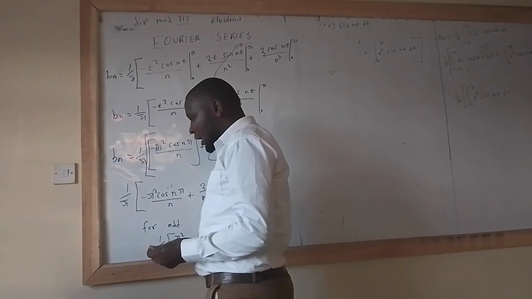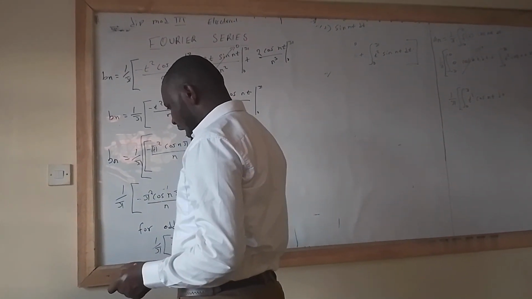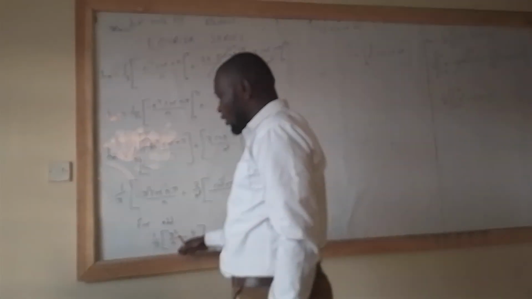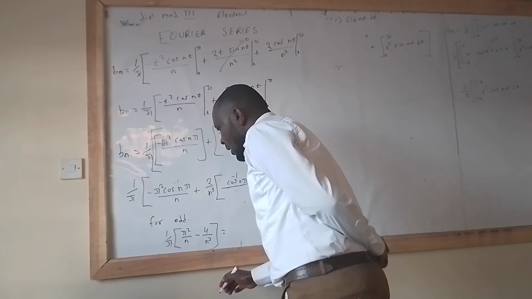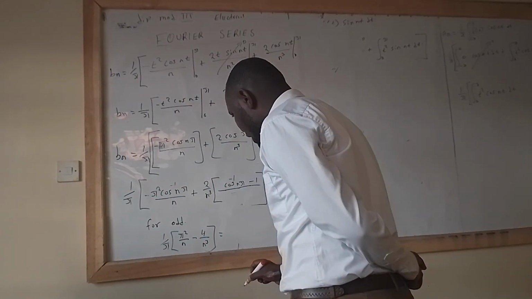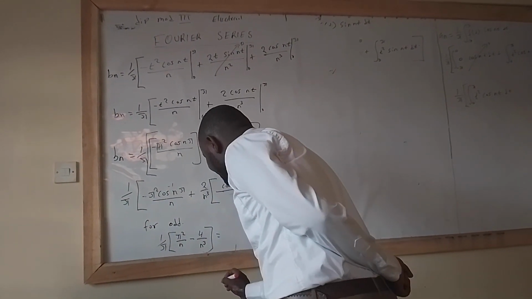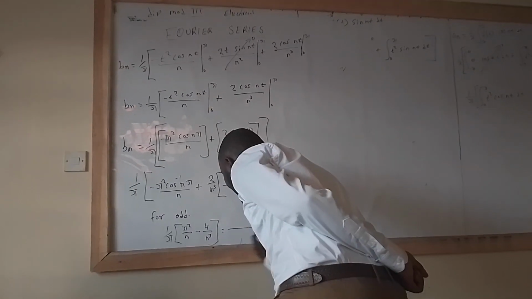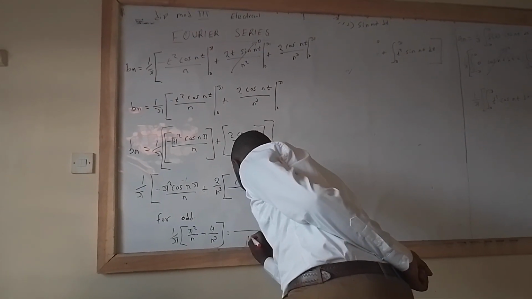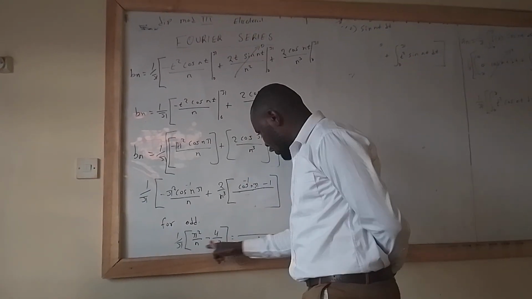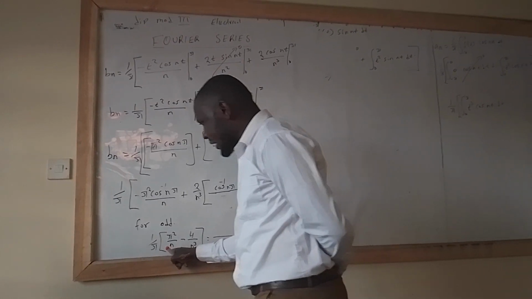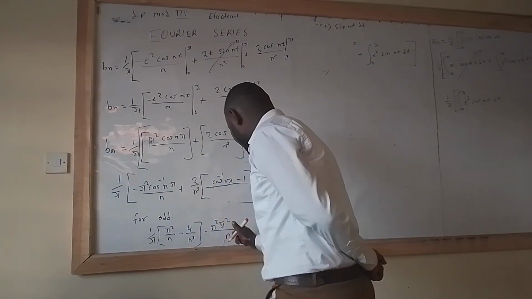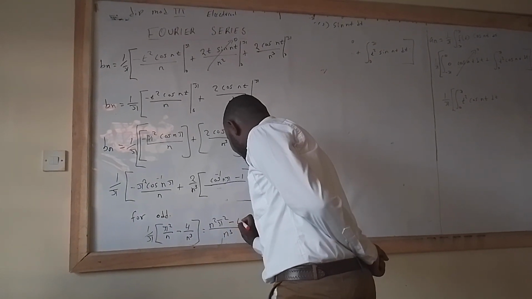So this one is for n. So this one is equal to, if I open the bracket of what we have, what do I have now? What is common? Let's take the LCM of this one first. The LCM of this one is n power 3. So n power 3 goes here, n squared, and this one is n squared pi squared minus, this one goes here 4 times.